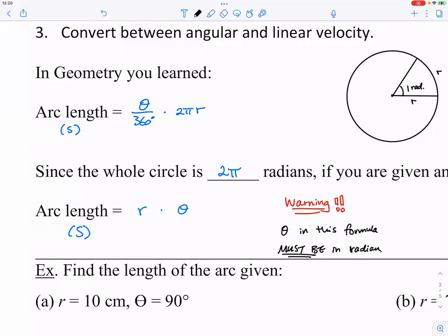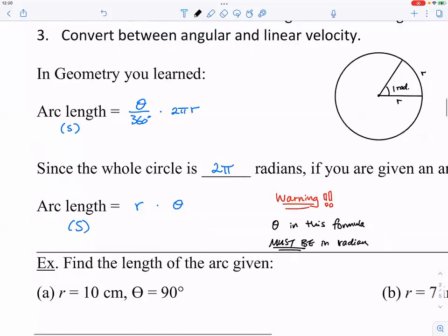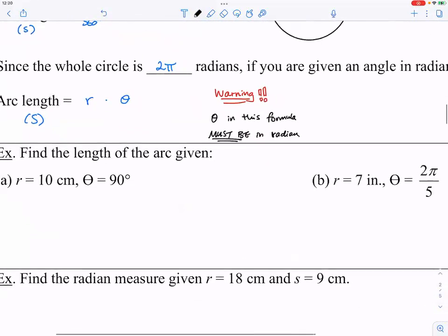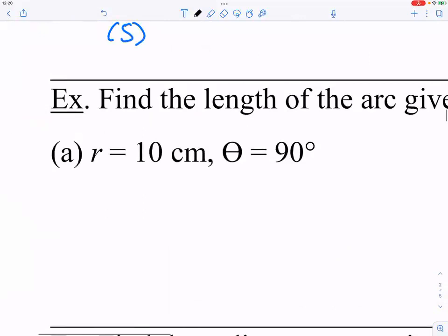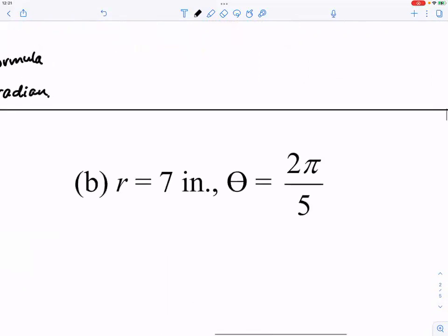So at this point, your job is basically knowing how to identify an angle. Is it in degree mode or is it in radian mode? How can you tell very easily? For this one, is it in degree mode or radian mode? Of course, it is in degree because you see the degree symbol. What about this one?